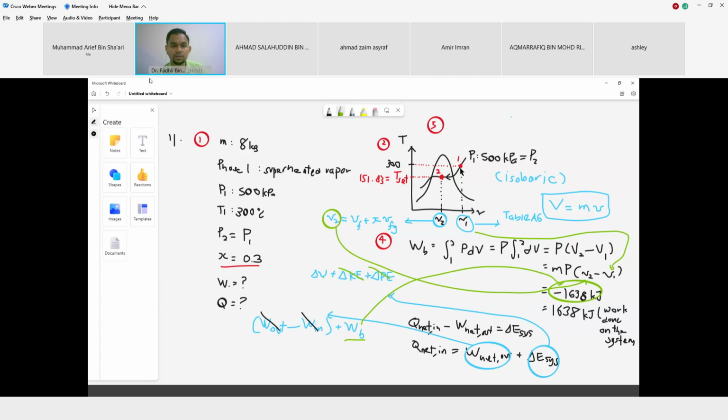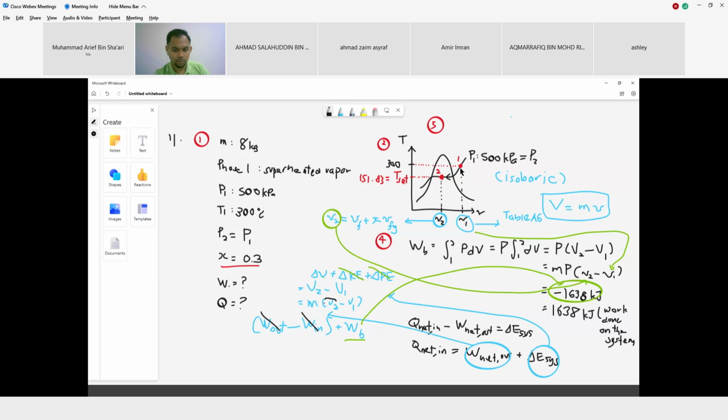So what remains is only delta U, which is m times bracket u2 minus u1.